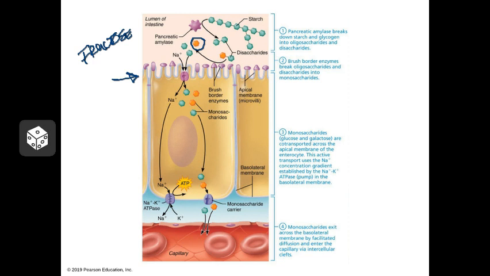It does not need ATP. Let me see if I can draw one in as an orange one. The fructose would bind to this facilitated diffusion, be brought into the cell, and then there is another one on the other side of the cell where it will be carried out into the interstitial fluid.